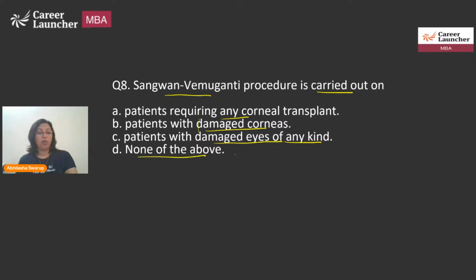Is it any patients with any corneal transplant? No. Is it patients with damaged corneas? If you go back to the passage, you will be able to find out. It says not just damaged corneas, it says damaged eyes of any kind. Okay. So, therefore, C is the correct answer. I don't think anyone has given me C as the correct answer. Well, that's okay.